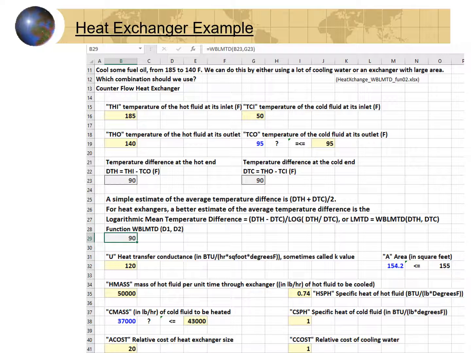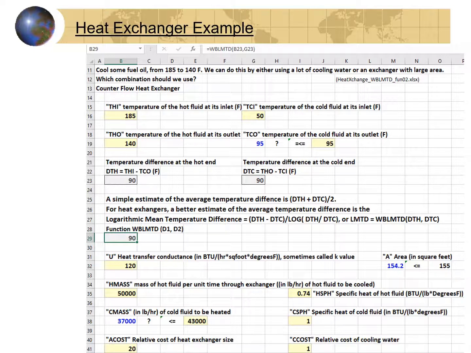So here, again, following the convention of our previous examples, the yellow shading indicates an input parameter, which is a given, and the blue font indicates a decision variable. So we're given the hot temperature, 185 degrees, which is input data, and the cold input temperature, which is 50 degrees, or bringing in sort of standard lake water.